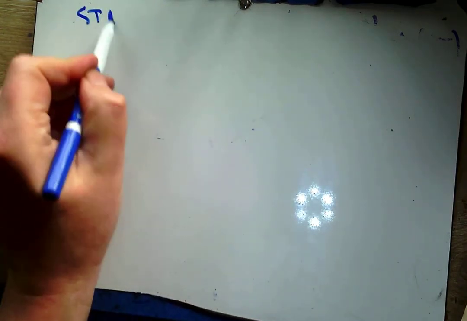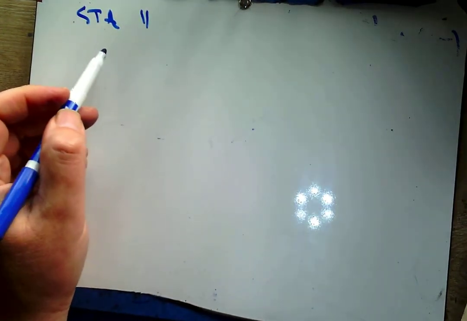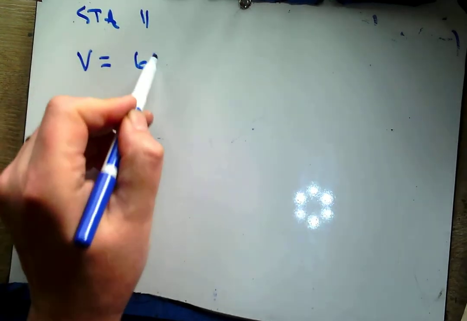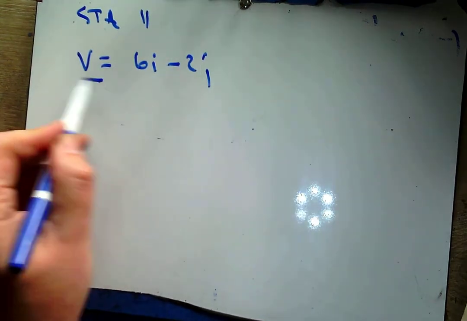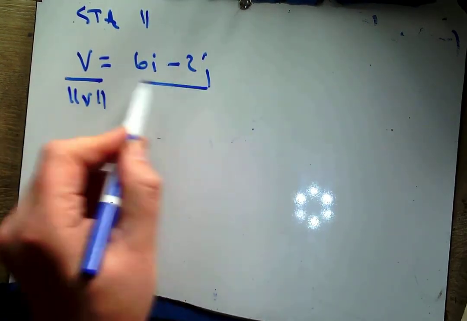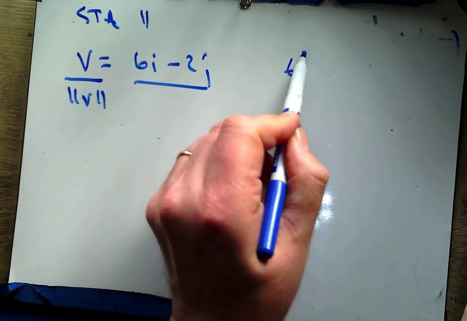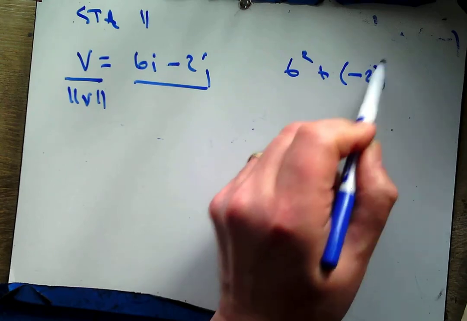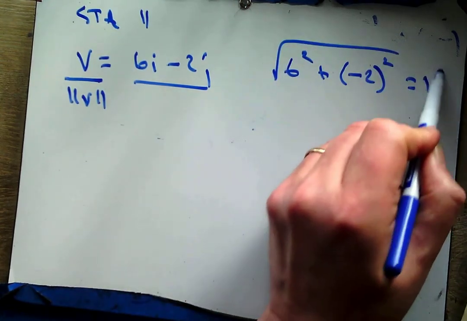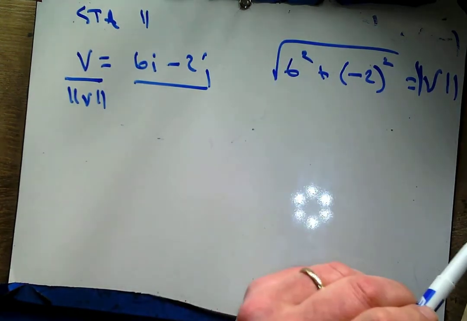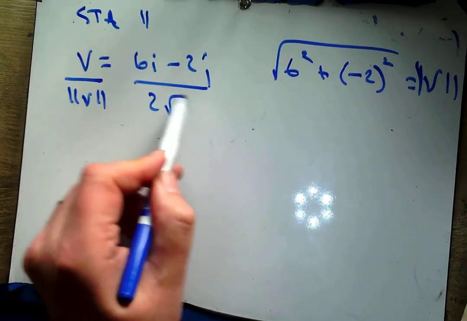Station 11. Station 11 says find the unit vector in the direction of v. Well, v is 6i minus 2j, and we know that v divided by the magnitude of v is going to give us the unit vector. Well, the magnitude here is going to be 6 squared plus negative 2 squared, take the square root. That's our magnitude of v. So that's 36 plus 4, so square root of 40, or 2 root 10.